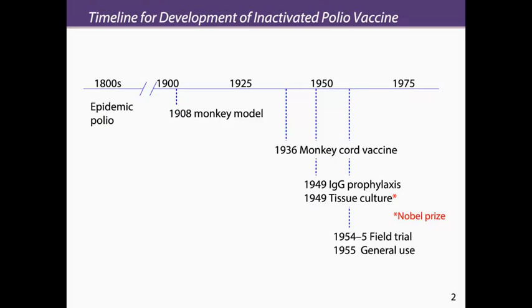It wasn't until 1949 that an effective means of preventing polio was identified through the use of passive immunoglobulin, or IgG prophylaxis as it's listed here. Also in that year, John Enders and his team were successful in growing the polio virus in tissue culture, which was a landmark development that eventually led to the development of a vaccine, and John Enders and his team received the Nobel Prize for growing the virus in tissue culture.